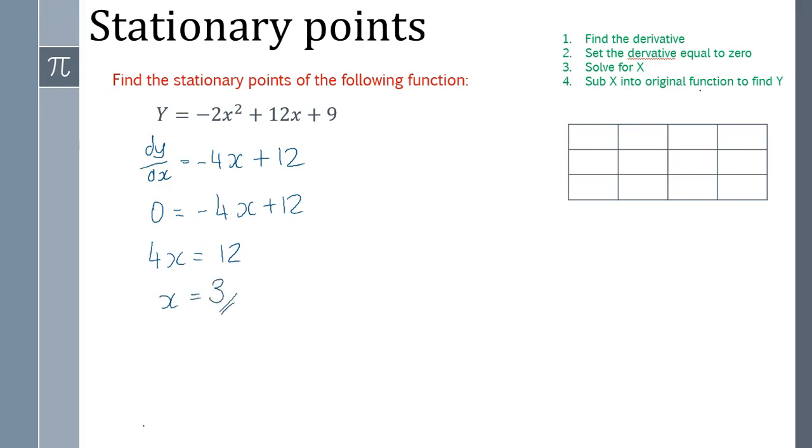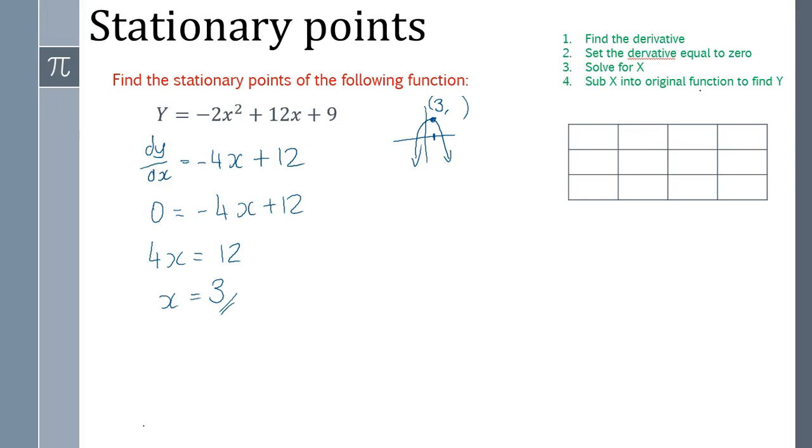Okay, so if we think about this, this is a negative quadratic. It's going to look like that-ish. I'll move it over a little bit so it makes a bit more sense. So the turning point has a coordinate of 3 something. Okay, we need an x and a y for a coordinate.